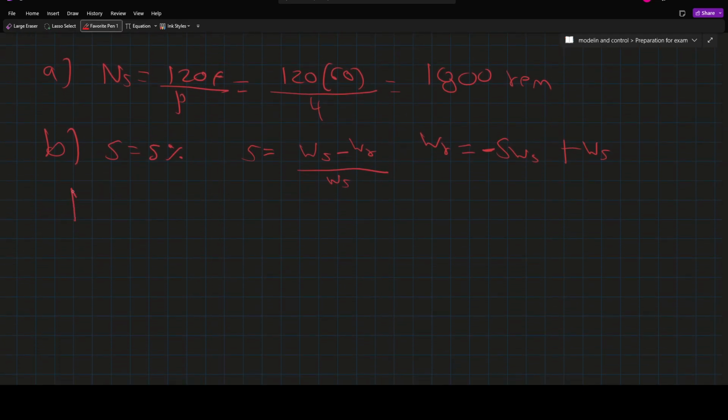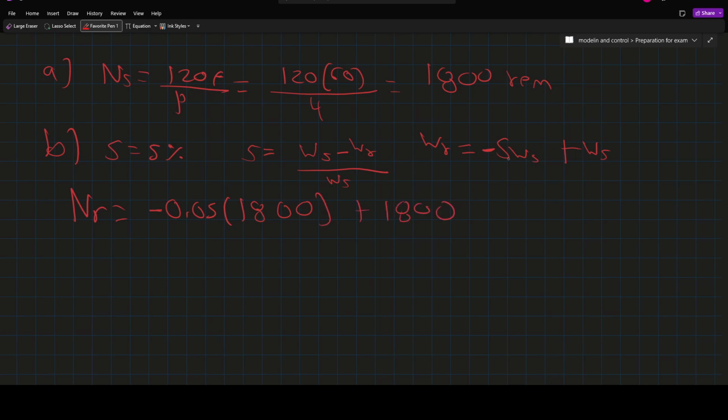So in RPM is going to be minus 0.05, the slip, times our synchronous speed of 1800, plus 1800.